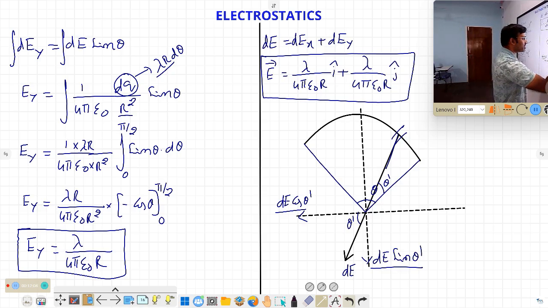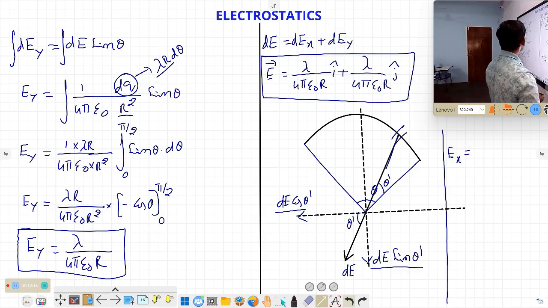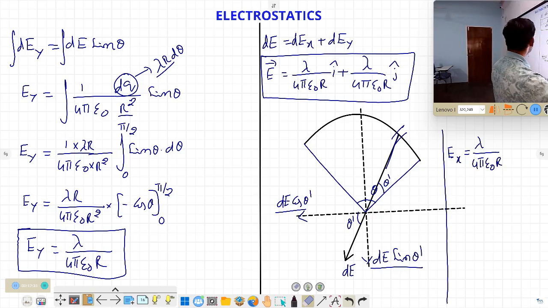Whenever the limits are not substituted, the Ex value without limits is lambda r by 4 pi epsilon naught r. After cancelling r, it is lambda by 4 pi epsilon naught r into the first term, which is sin theta, where theta is whatever limits you are applying.